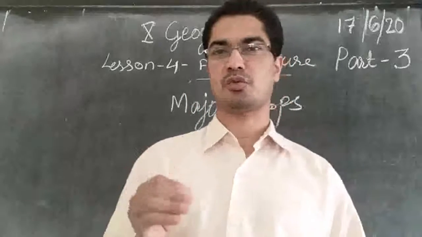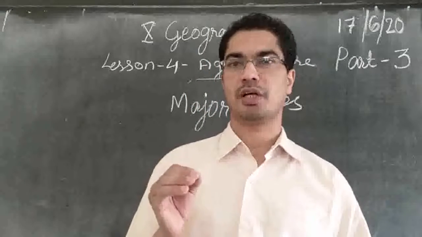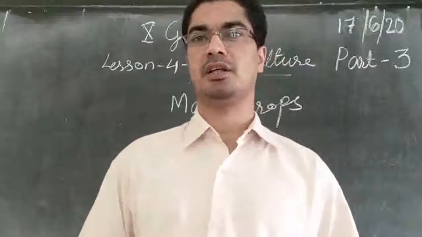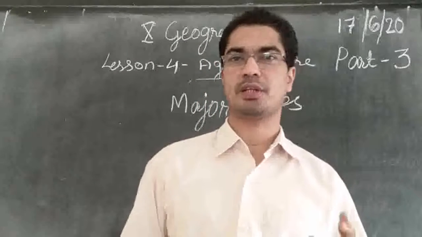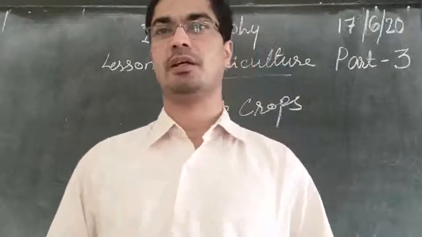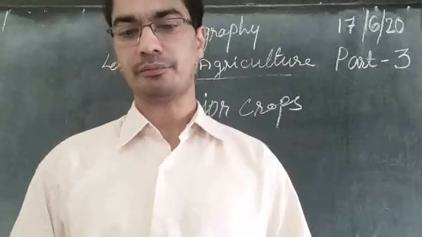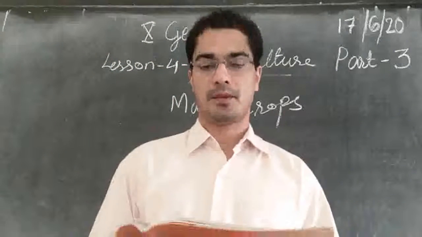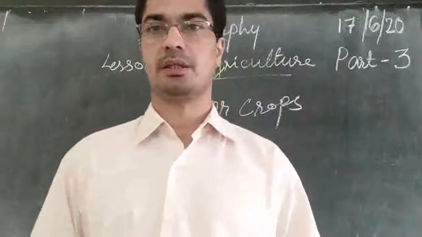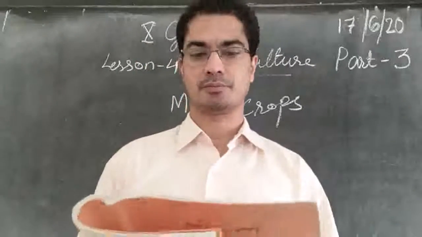What are the major crops? What are the major food items that we need in our country? What are the crops that are cultivated extensively in India? And so let us see. So you can take page number 36.